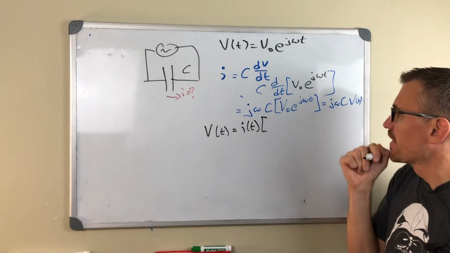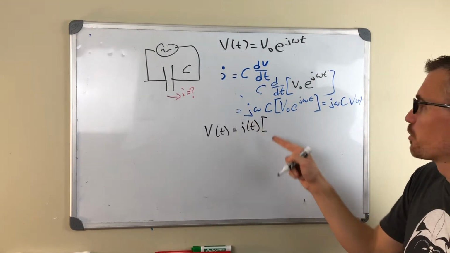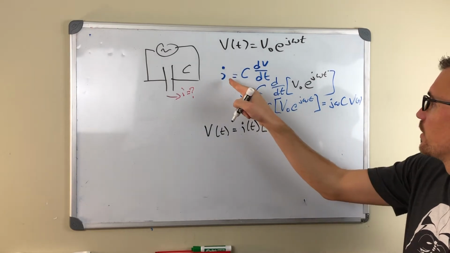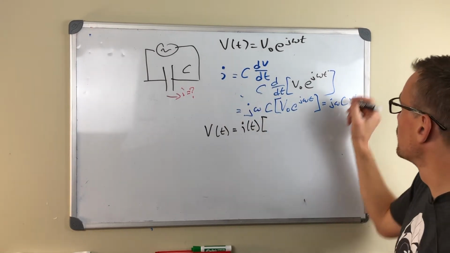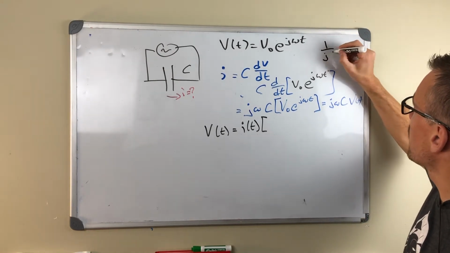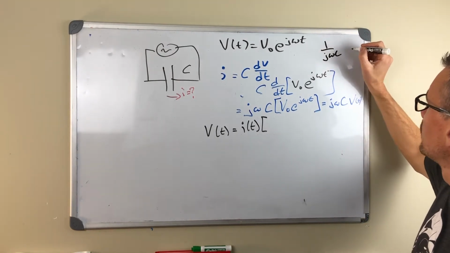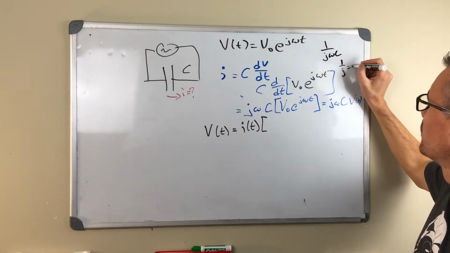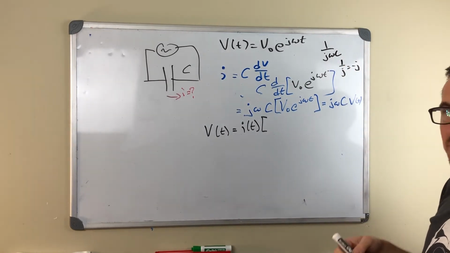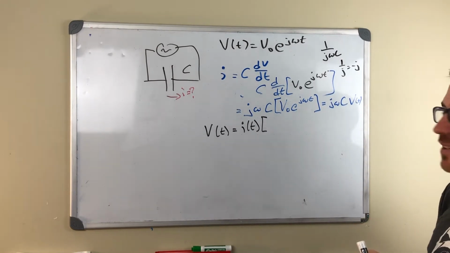Let's figure out what that stuff is. We had I is equal to something times V, so we divide by that something. So we're going to go 1 over j omega C, and we're going to use a very sophisticated trick: 1 over j is equal to negative j. You can multiply the top and bottom by negative j to see that.